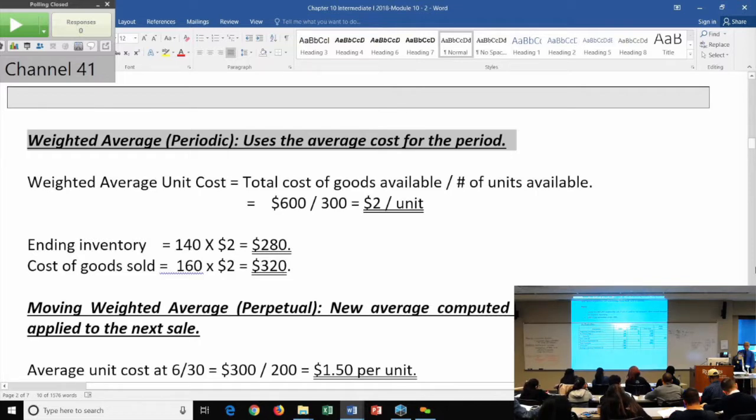So the average cost moves every time you have a purchase. The average cost is going to move with each purchase. Just let that sit for a second or two, and let's see if you have any questions.